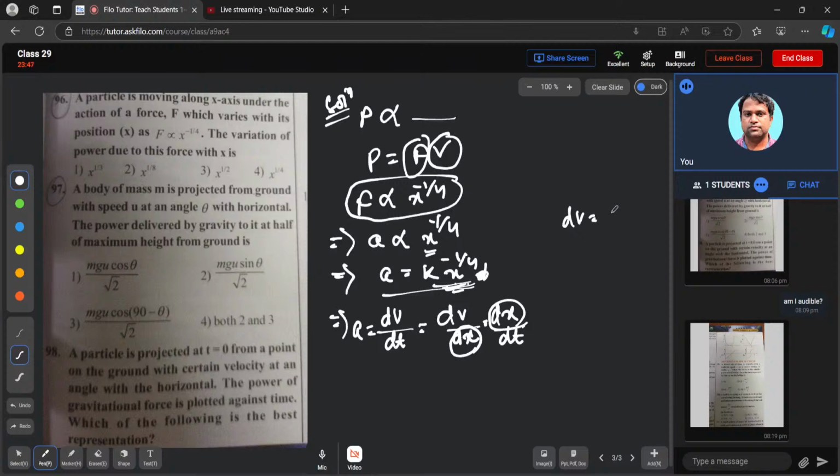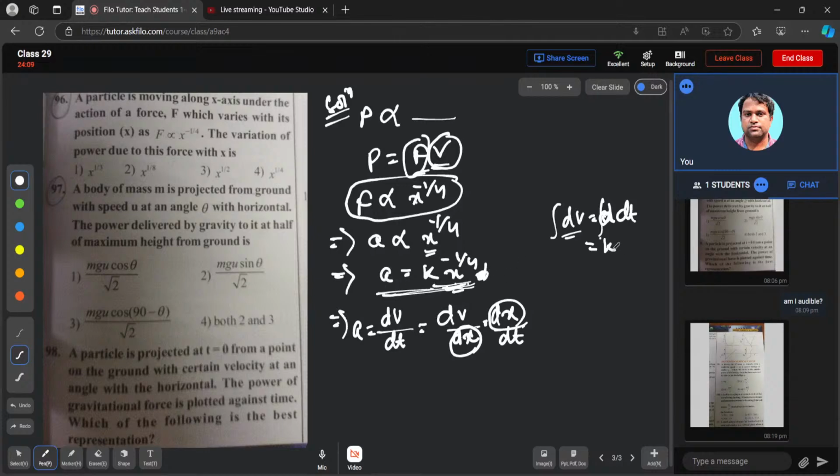Simply, if I write dv equal to a dt, I need v, right? So I need integration. Already a is with me, I need v. So from a, how will you get v?